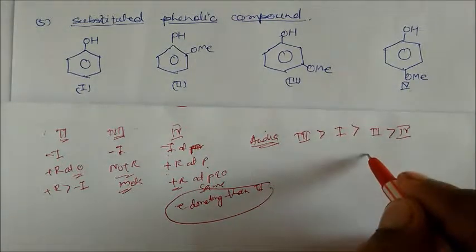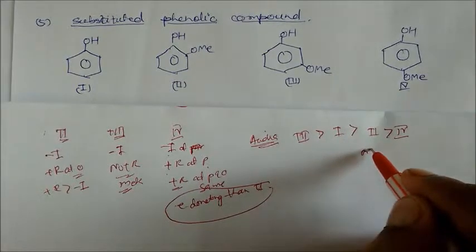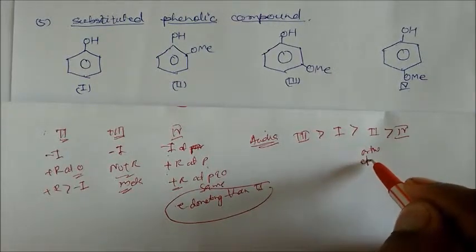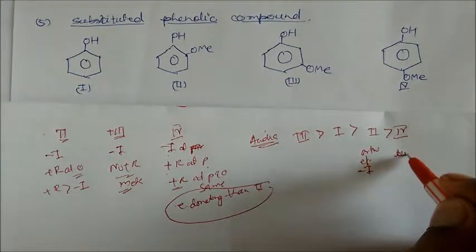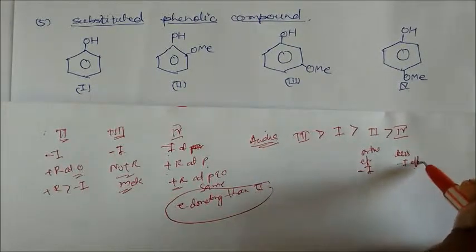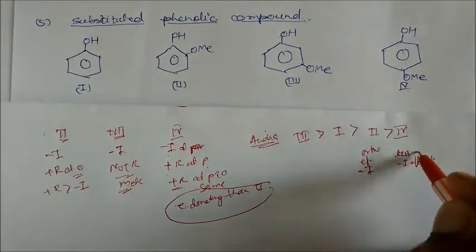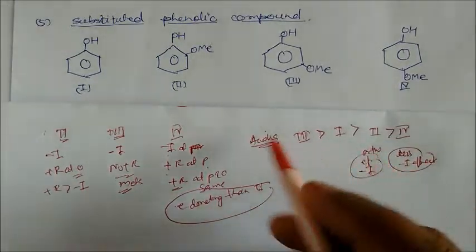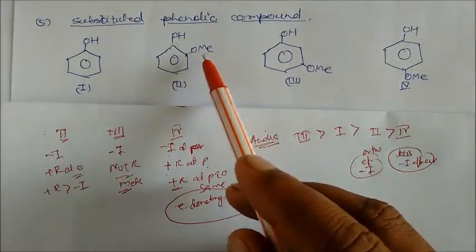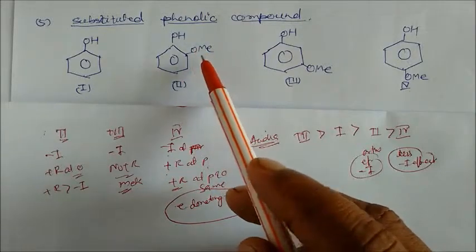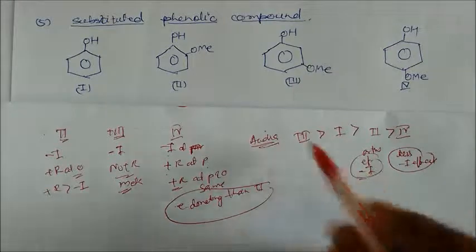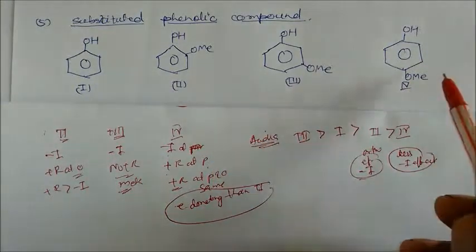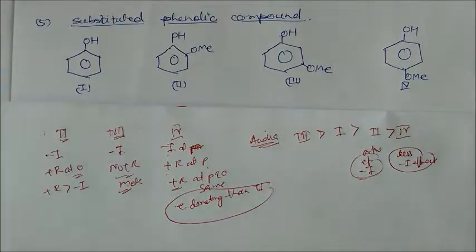Here there will be a more ortho effect, meaning more minus I effect here, and less minus I effect there. If you see the ortho methyl, the hyperconjugation is the same in both, but due to the minus I effect this will be more acidic and this will be less acidic. So this is basically our answer.